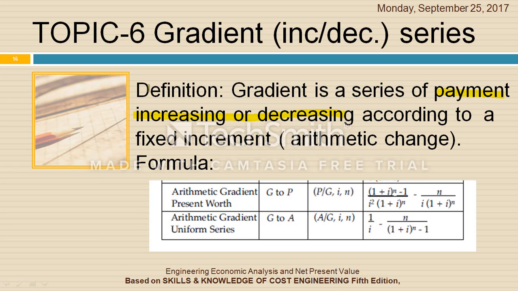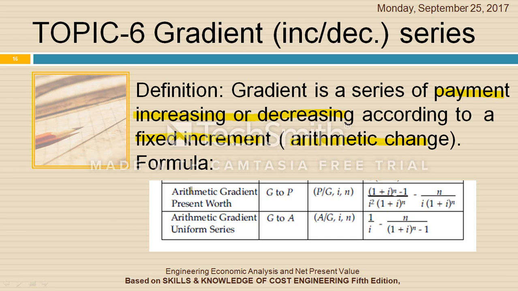The gradient is a series of payments increasing or decreasing according to a fixed increment. The most important thing is that the increment is fixed, an arithmetic change. What does it mean? It means that the payment can increase or decrease, but the stepping is constant. So it can increase yearly by 1,000. It has to continue increasing by 1,000.